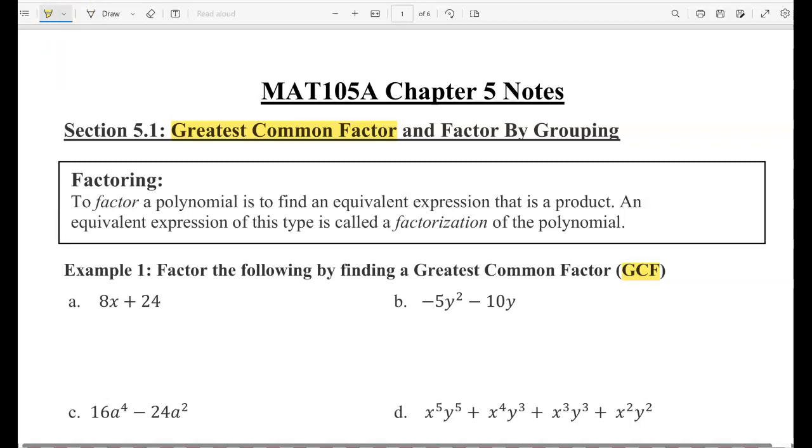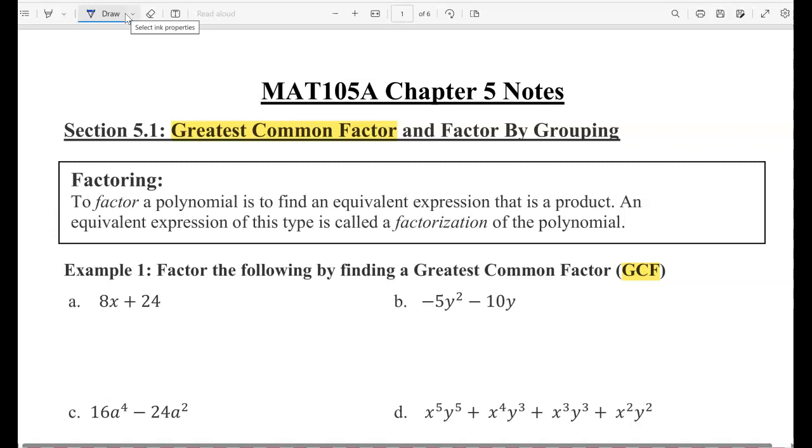So the GCF involves finding the greatest common factor in each term and factoring it out. Okay, so before we look at problem 1, I just want to back up and review what we covered in chapter 4.